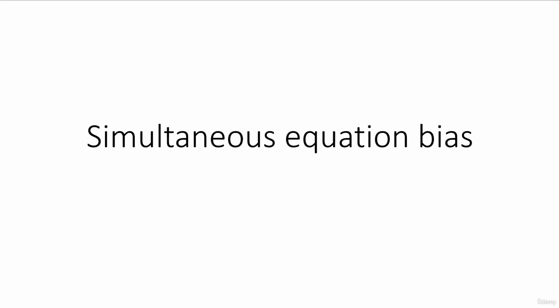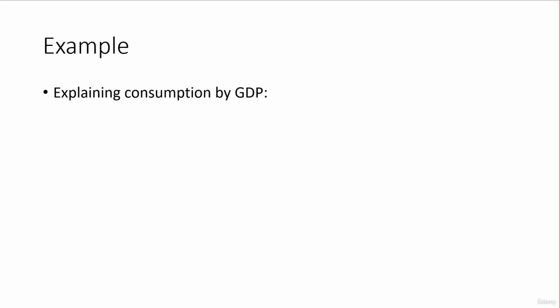So the example I want to consider is a simple consumption function where we explain consumption using GDP. Beta 2 is the marginal propensity to consume. And so in this case, we have assumed that GDP is the one that affects consumption.